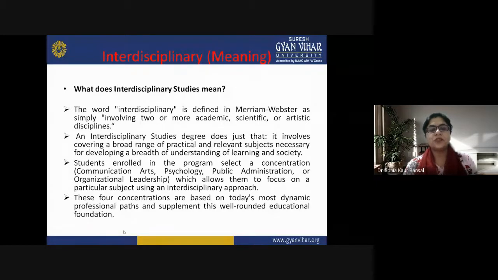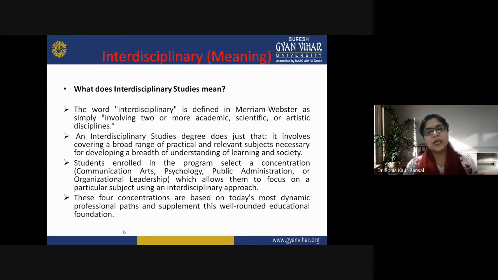Students enrolled in the program select a concentration, like any program you have selected: art, psychology, public administration, or organizational leadership. As you have chosen your MA degree for that, which allows you to focus on a particular subject, you are not only focusing on your own subject, but you are taking help of your relevant subject also. So this is called the interdisciplinary approach.